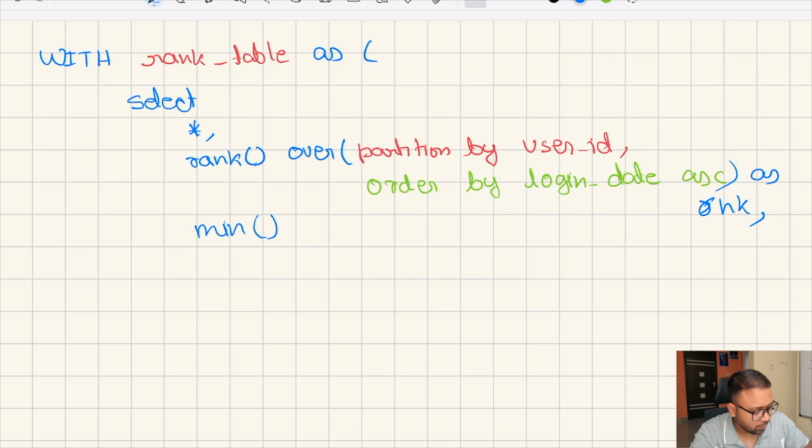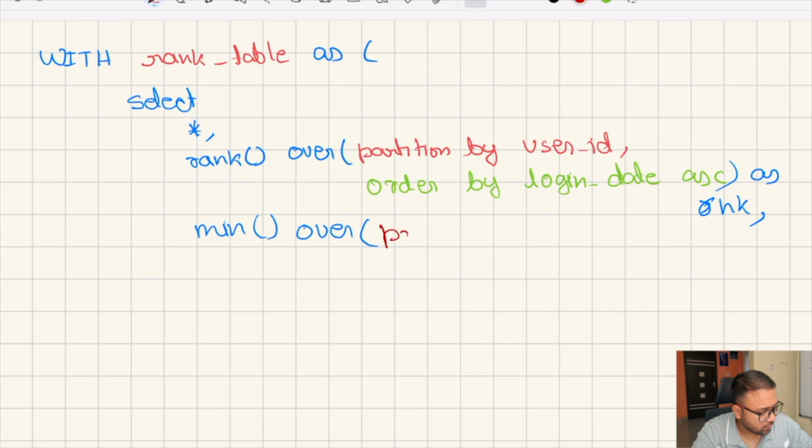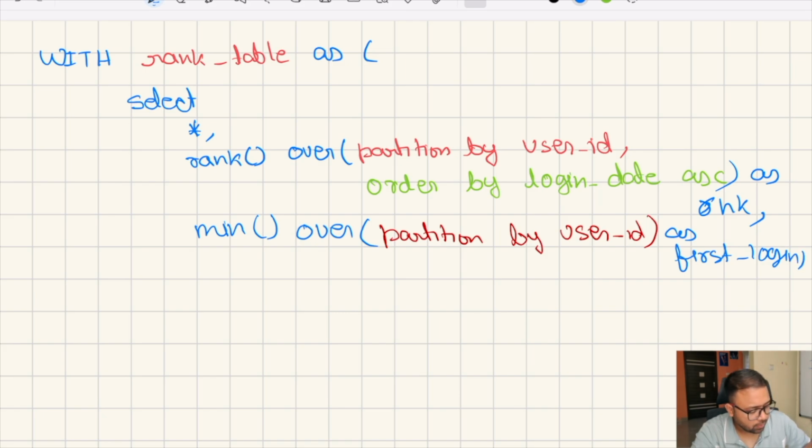And we will also apply another function, minimum, OVER PARTITION BY user ID, AS first login, from our table name.